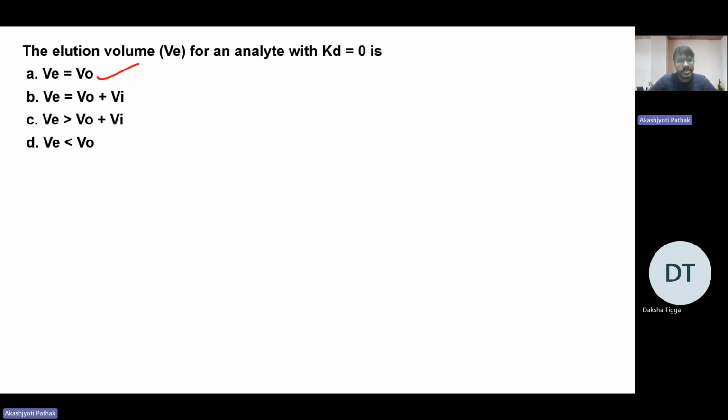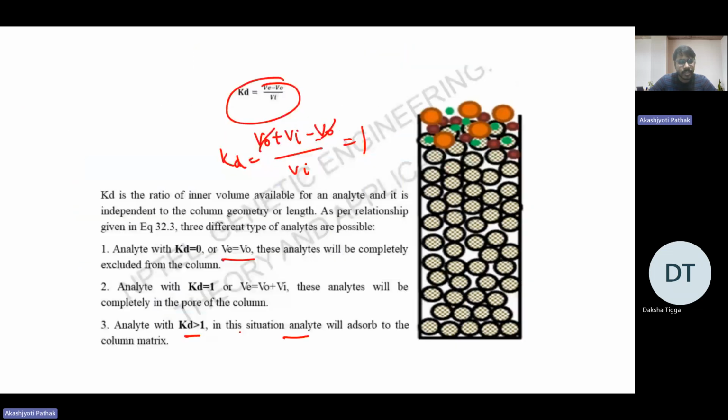So you remember this lecture slide. This concept you remember, V is equal to VO plus VI. Not only is it traversing the void volume, but how much volume of mobile phase do you have to pass?